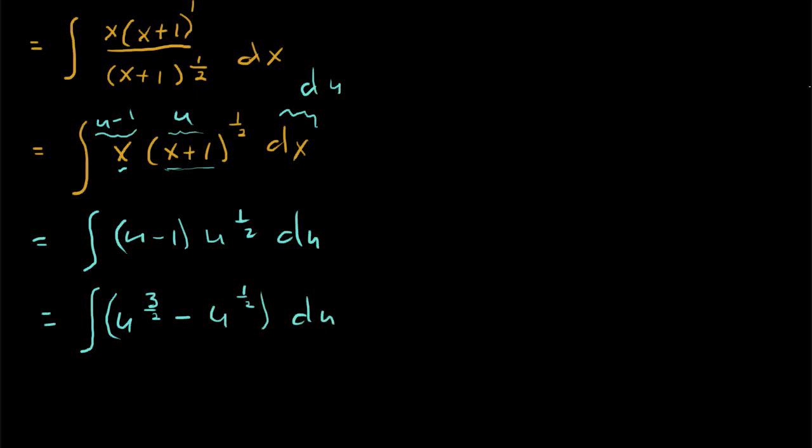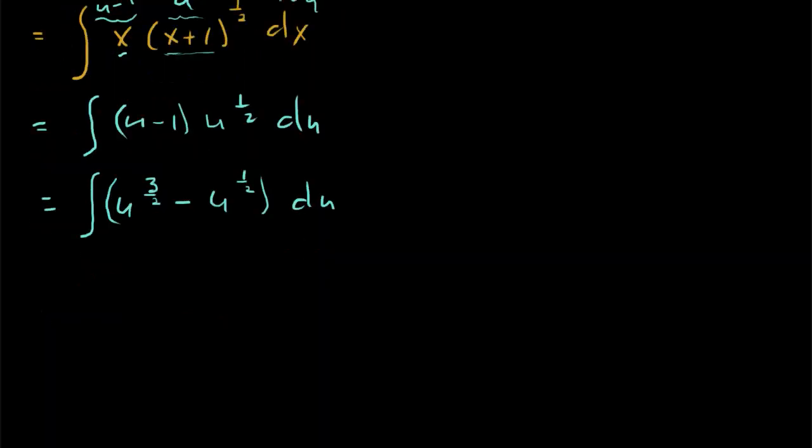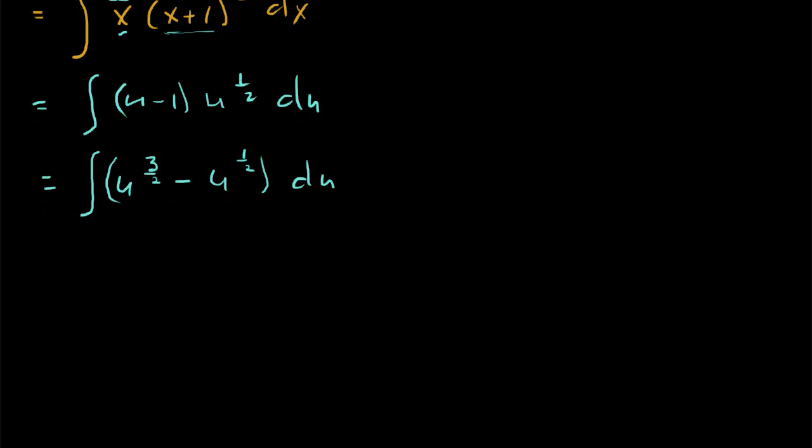Okay, now we can take the integral of each of those terms. The integral of u to the 3/2 power, all we have to do is increase 3/2 by another 1, or 2/2, and we'll get u to the 5/2 power divided by 5/2, or that's the same thing as multiplied times 2/5.